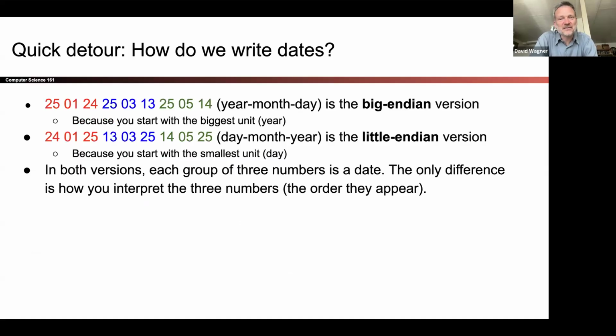We have names for these conventions. Big Endian is a name for a convention where you start with the biggest unit, the year, first. So you write the year first, then you write the month, then the day. Little Endian is the convention where you start with the littlest unit first. First the day, then the month, then the year. Both valid conventions, just you and your friend need to agree on which convention you're using for writing down dates.